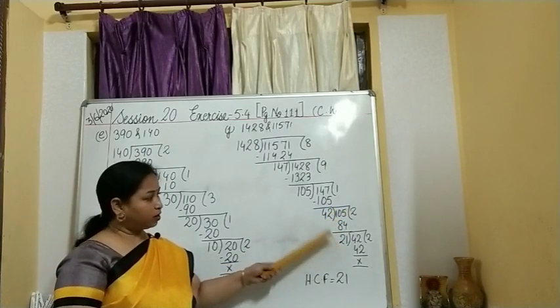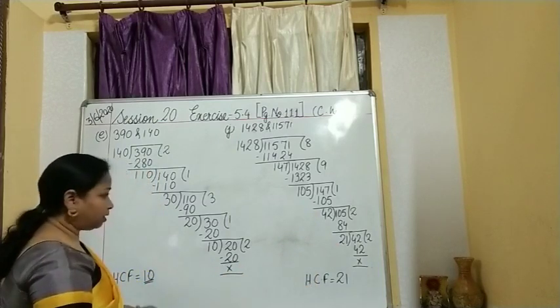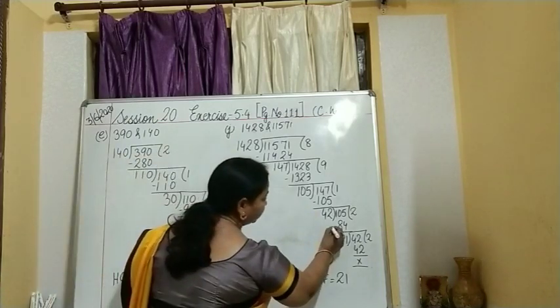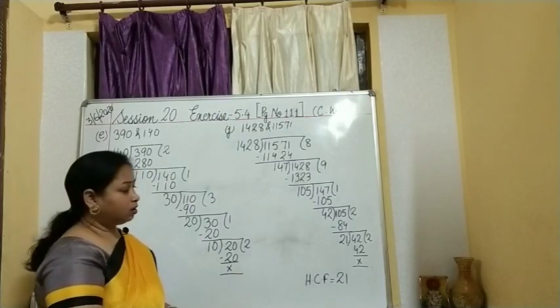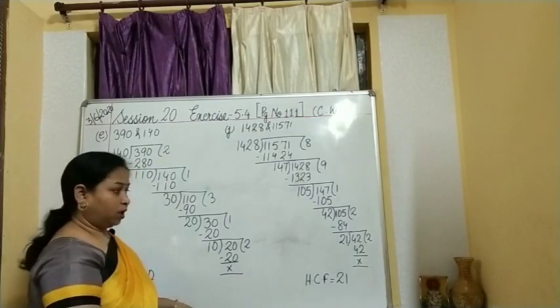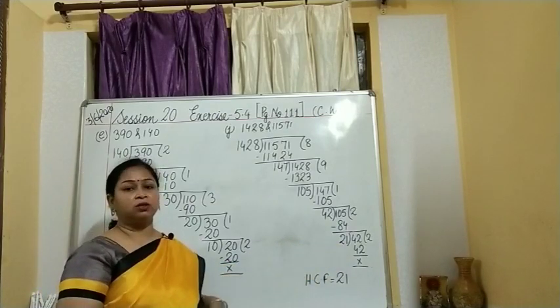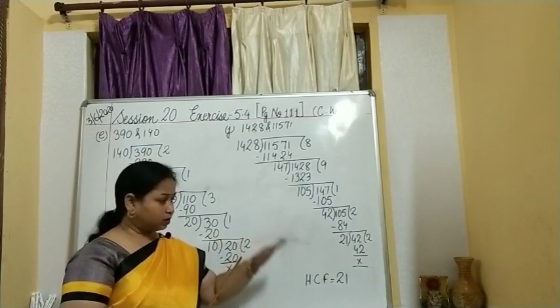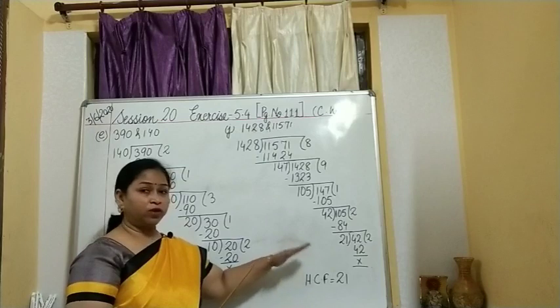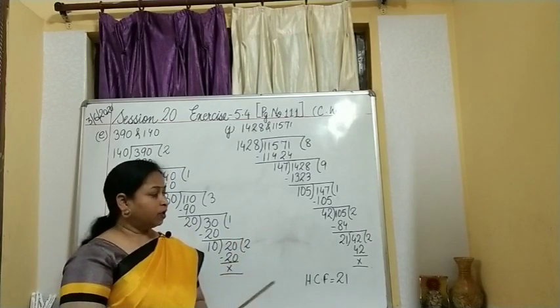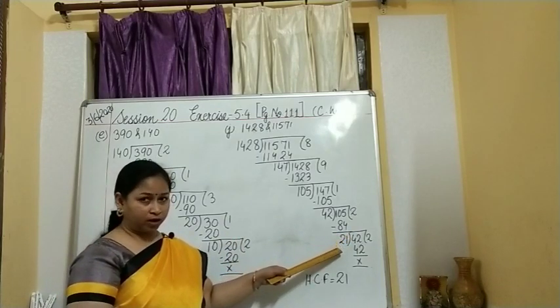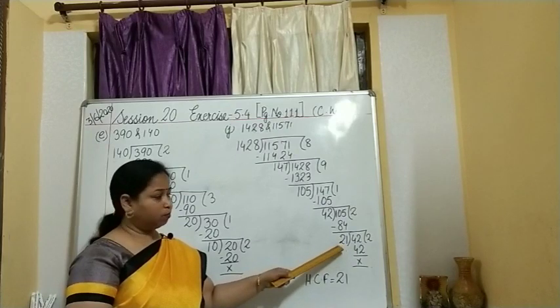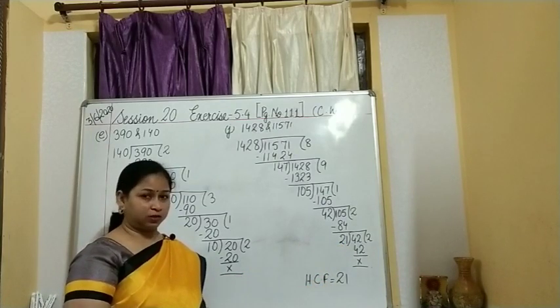Subtract again, you will get 21. Then the final step: 21 2s are 42. As you have reached the place where no more remainders are left, that is where you stop the division. The last divisor becomes the HCF.